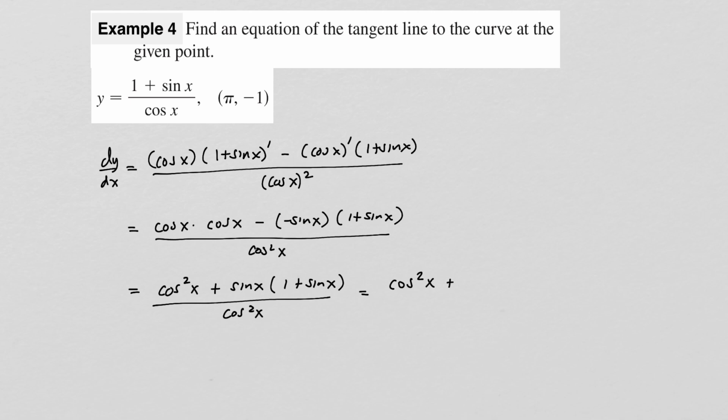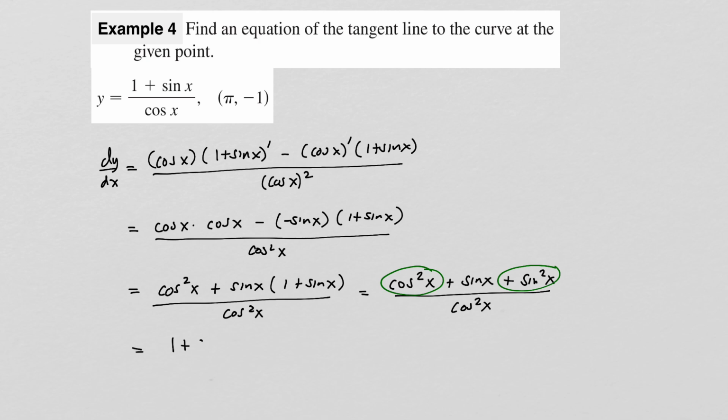We have cosine squared plus sine of x times 1, which is sine of x, plus sine of x times sine of x, which is sine squared of x, all over cosine squared of x. Let's just remind ourselves that cosine squared plus sine squared is equal to 1.